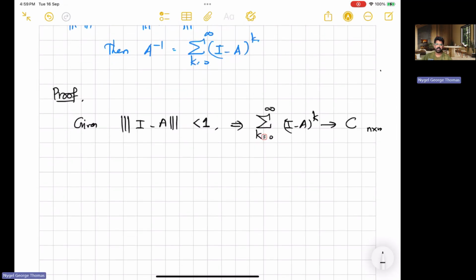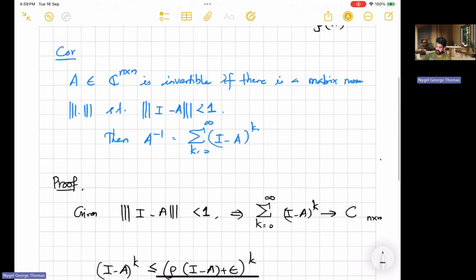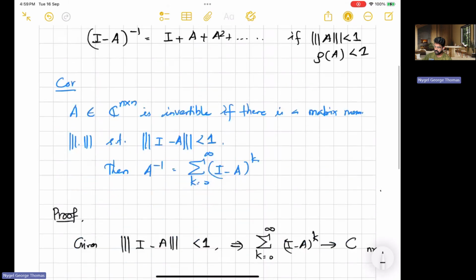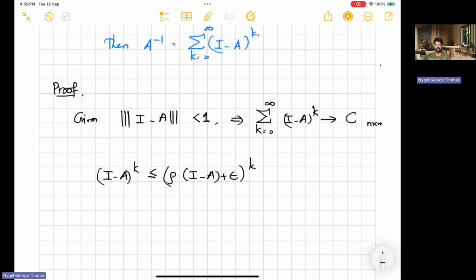We've seen that the entries of (I minus A) raised to k are upper bounded by (rho of (I minus A) plus epsilon) raised to k. This is the previous result, which we proved in the previous lecture.